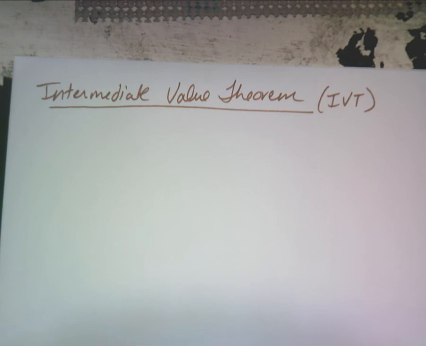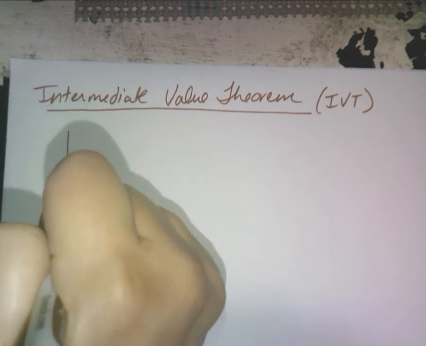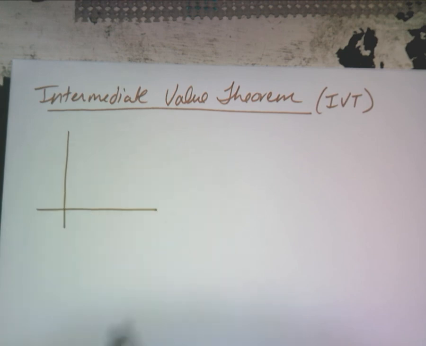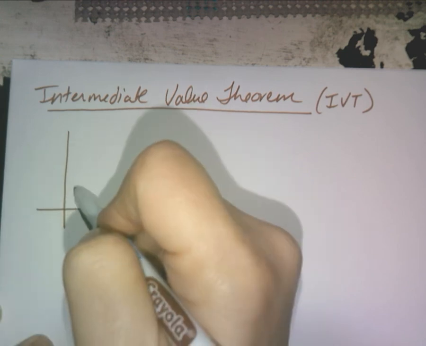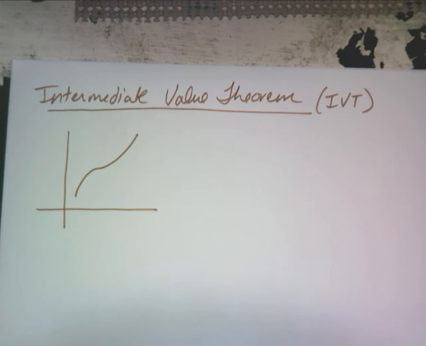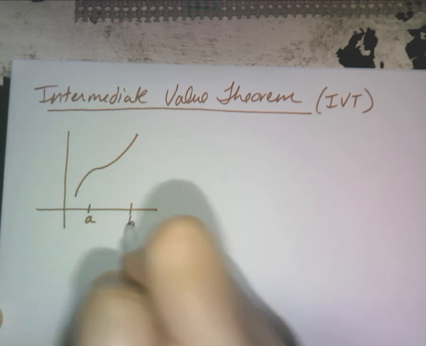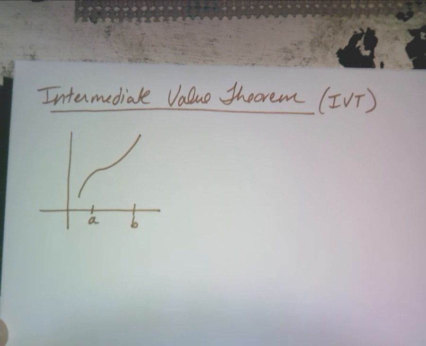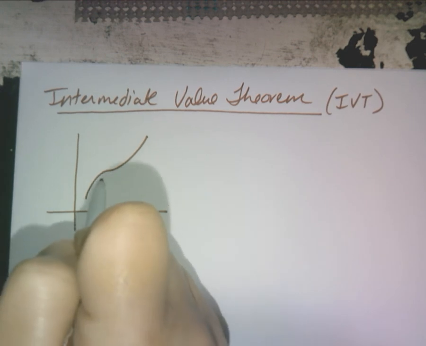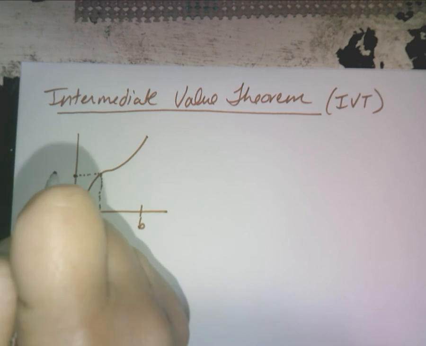Okay, I am going to give you the formal definition because I think it's important that you read the formal definition, and I'm going to give you a visual drawing of it, and then I'm going to show you step by step what to do every time you see these problems. Pretty much here's the drawing, because I think the drawing actually makes sense. If you have some f of x curve like here, and you're within an interval a and b, would you all agree, if I go up here and then I go over here, this right here would be f of a.